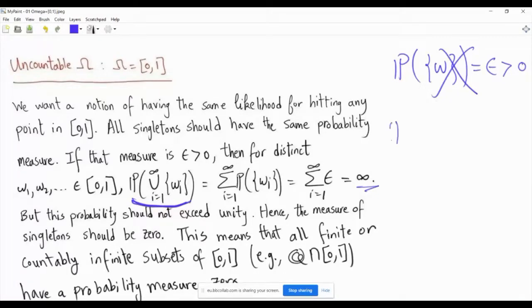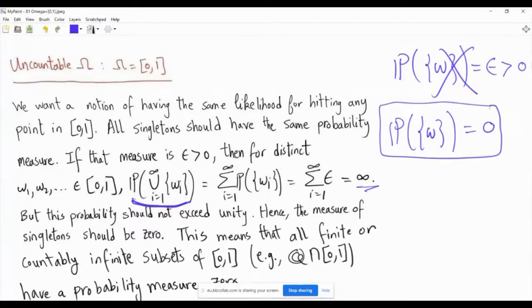So what we will do is assign to the singletons the probability equal to 0. And automatically, if we assign to the singletons the probability 0, it means that if you take a countably infinite collection of those, then the probability will be the sum of zeros.